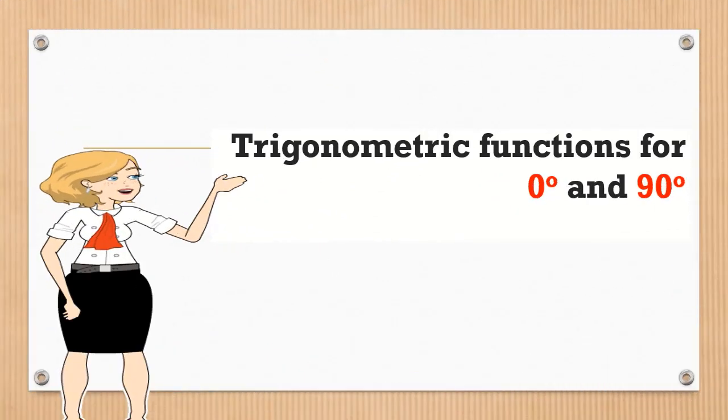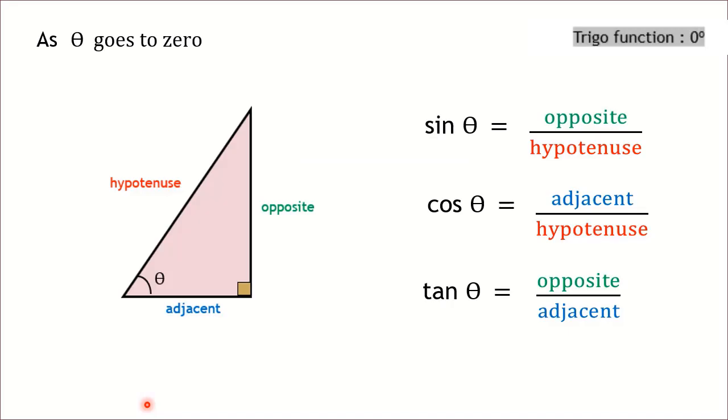Okay, now we are going to evaluate the trigonometric functions for 0 degrees and 90 degrees. Let's say we have a right triangle with an angle theta. So theta is here. Let's label the sides opposite, adjacent and hypotenuse, and we use the same definitions for sines, cosines and tangents.